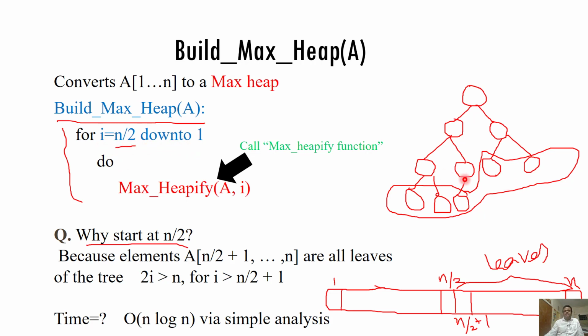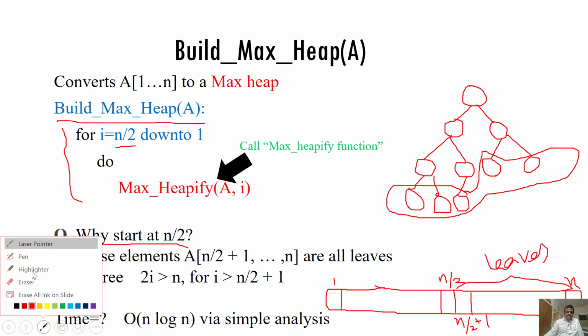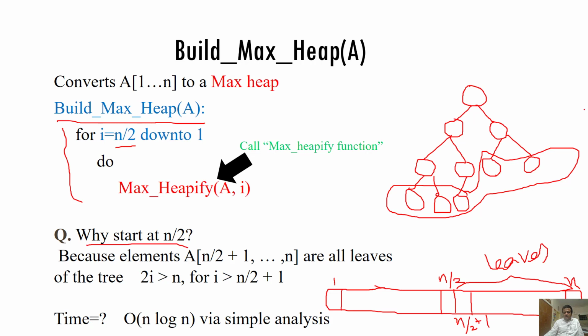And when you call maxipify on this node first, let me bring the laser. When you call maxipify on this, it satisfies the assumption, because it has a child which is a leaf, which is maxip. So we compare these two; if it is greater, we bring it here, and if it is less, we bring it here.